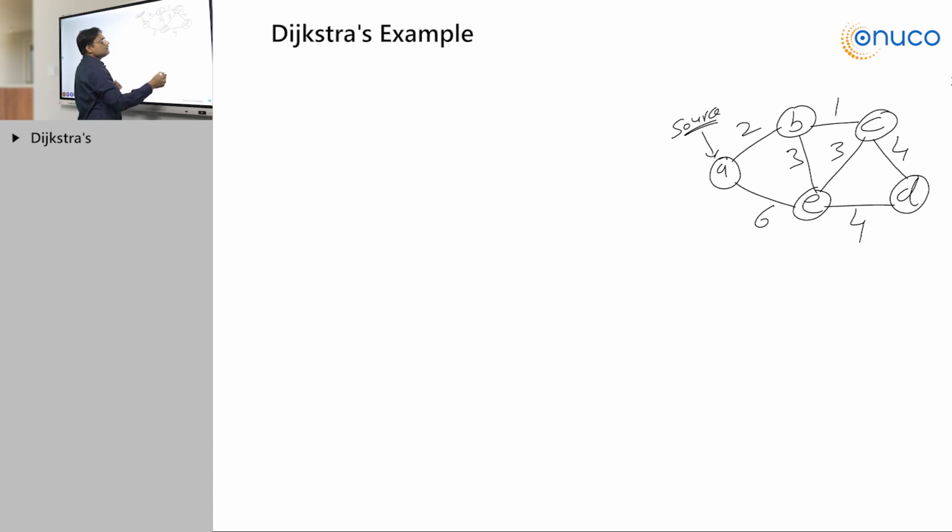Similar to what we discussed earlier, we will have A to B, A to C, A to D, B to A, B to B, B to C, B to D, B to E, C to A, C to B. We are going to write all the cost matrix.